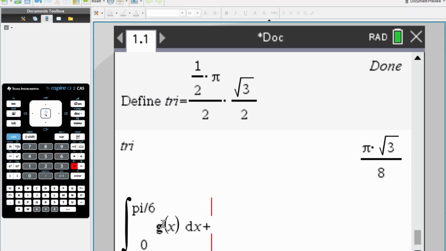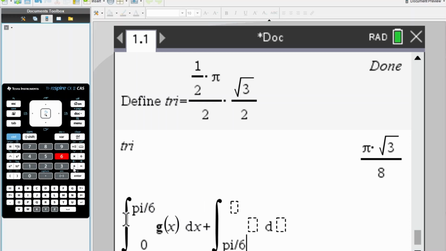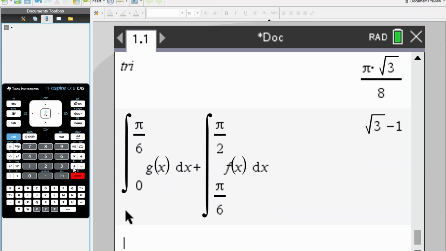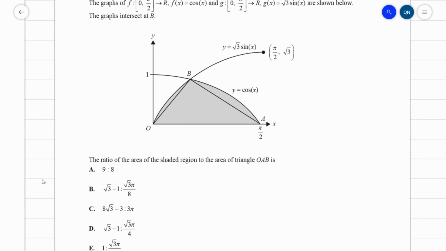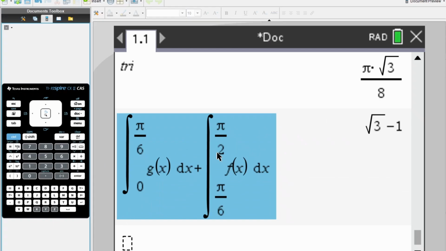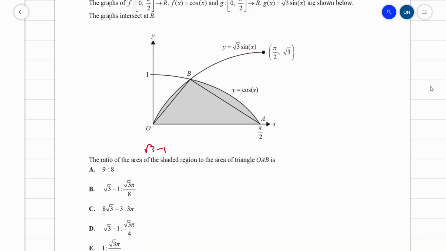And then we'll also add the integral from pi on 6 up to pi on 2 of f of x this time. And that gives us root 3 minus 1. So root 3 minus 1 was the area of the shaded region. The area of the triangle OAB was pi root 3 on 8.